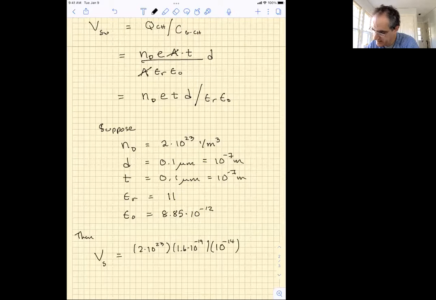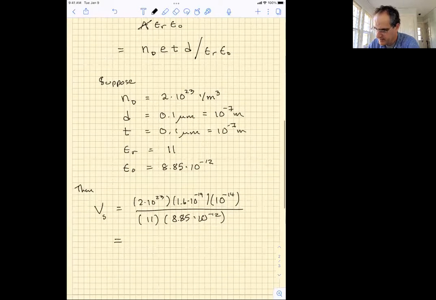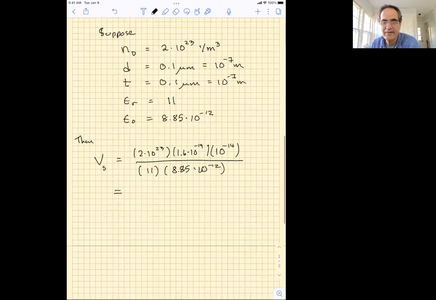I'll just combine those here, 10 to the minus 14, divided by 11 times 8.85 times 10 to the minus 12. Okay? Great. Well, now go ahead and figure this out. It'll just take you a moment.